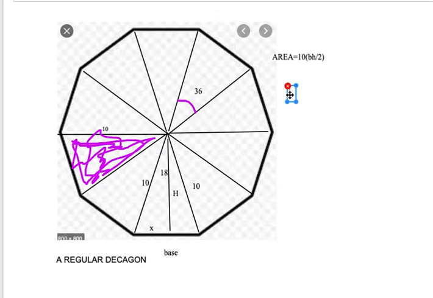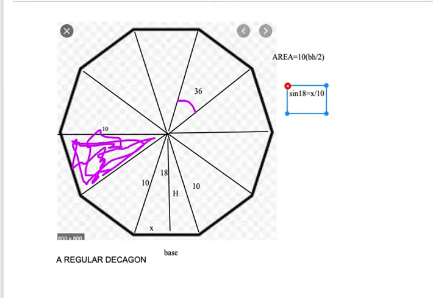So I am going to do sine 18 degrees, which will equal the side opposite, which is my x. So that's going to be x divided by 10. All right, I'm now going to use a calculator to find sine 18 degrees on my Chromebook or on Desmos, and that is 0.31.